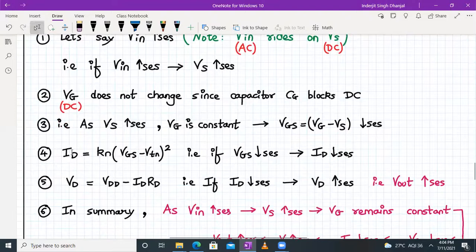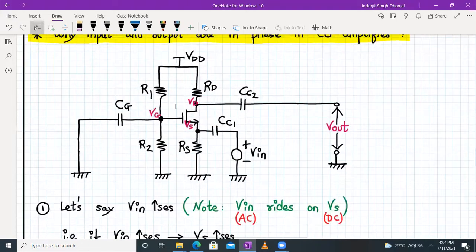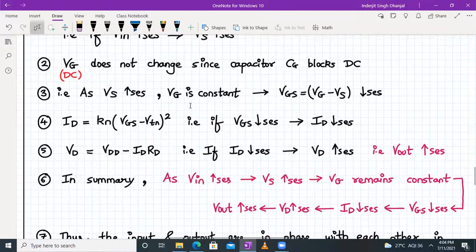Now, ID is given by Kn times (VGS minus Vtn) the whole squared. If VGS is decreasing, your ID will also decrease. And we know the formula for the drain voltage Vd is VDD minus ID RD. So from here, we can say that if ID decreases, your Vd term will increase.